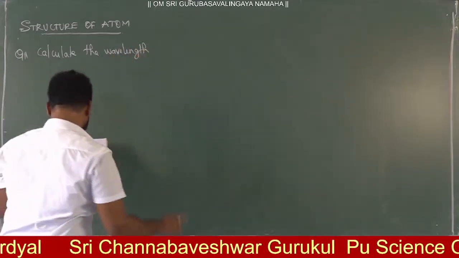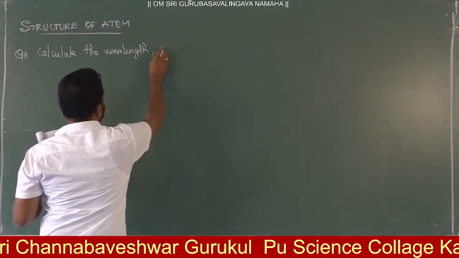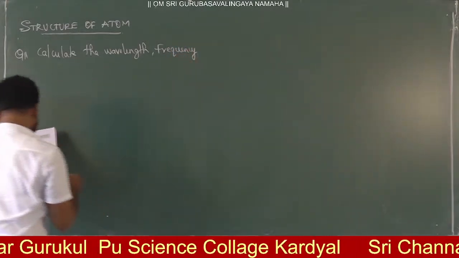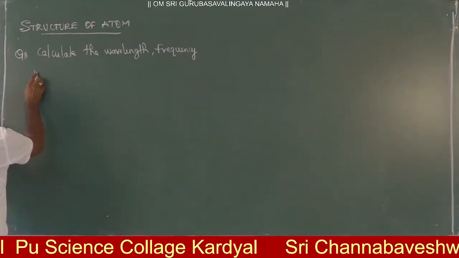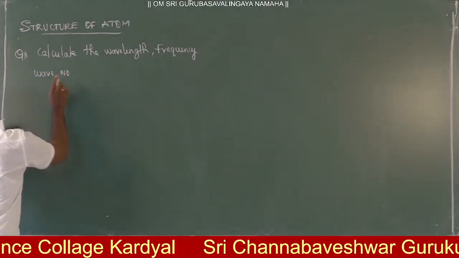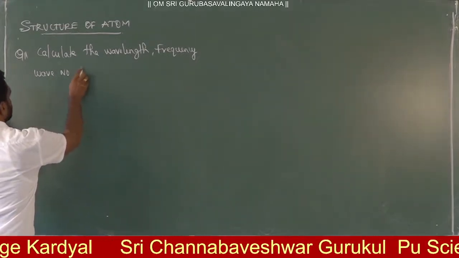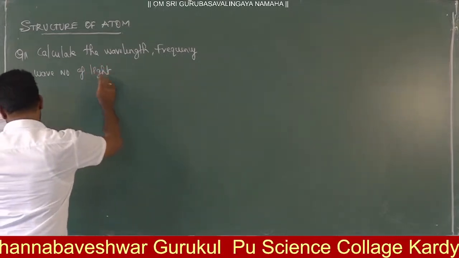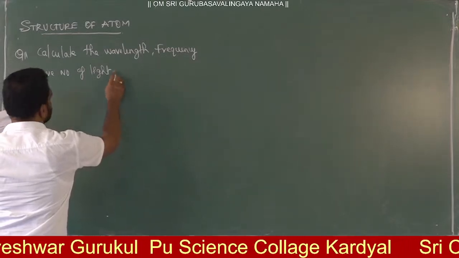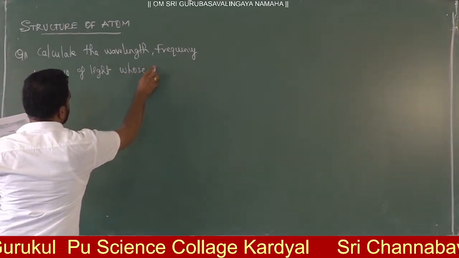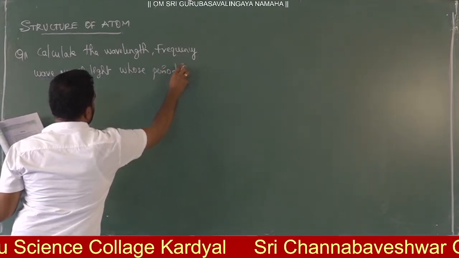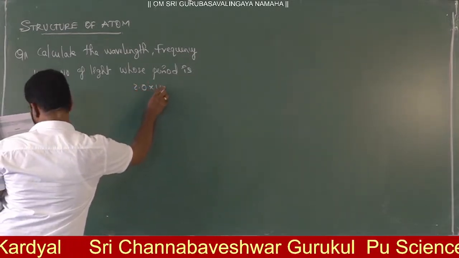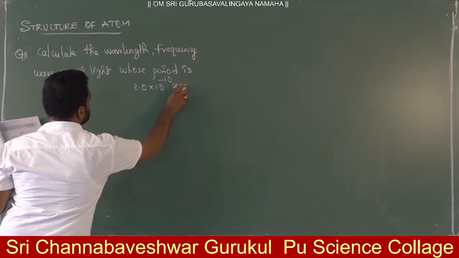Calculate the wavelength, frequency, and wave number of light whose period is 2.0 into 10 power minus 10 seconds.